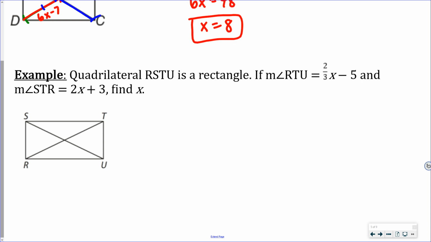Quadrilateral RSTU is a rectangle. That's good news. If the measure of angle RTU, we're talking about this one, if that angle is 2/3 of x minus 5, and STR, this one right here, is 2 times x plus 3, find x.